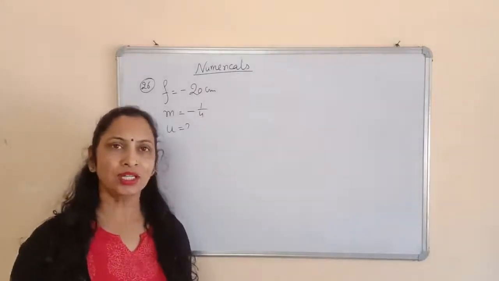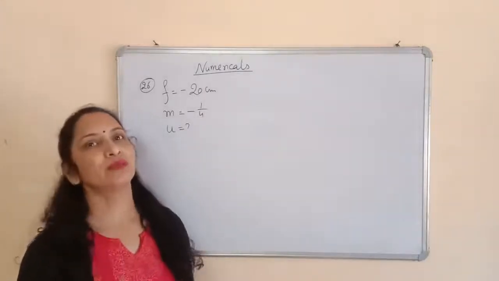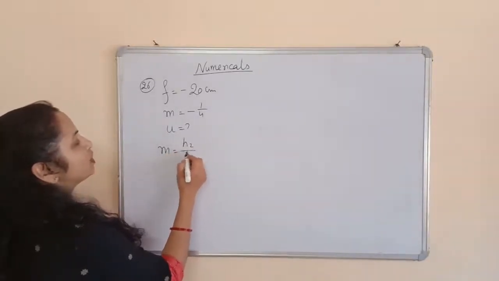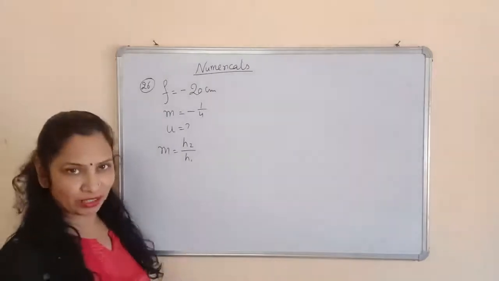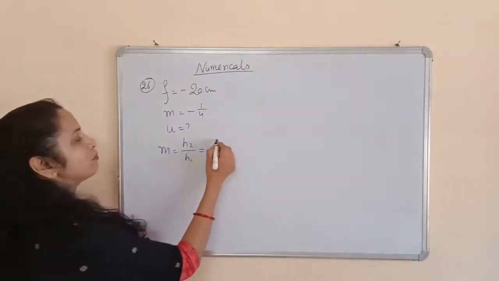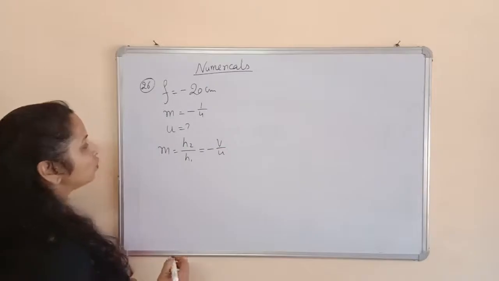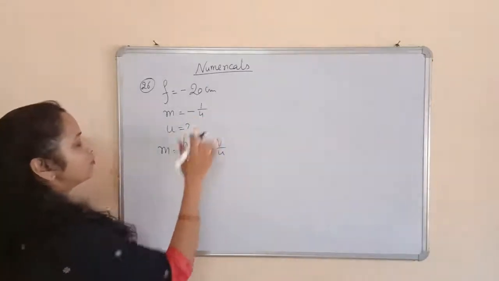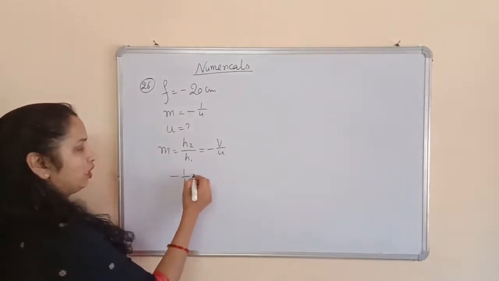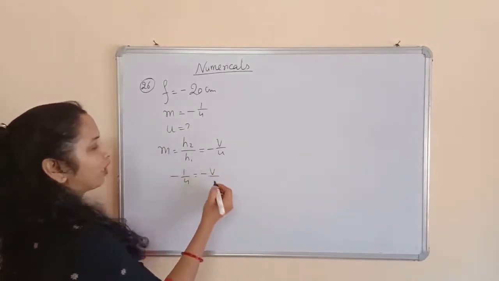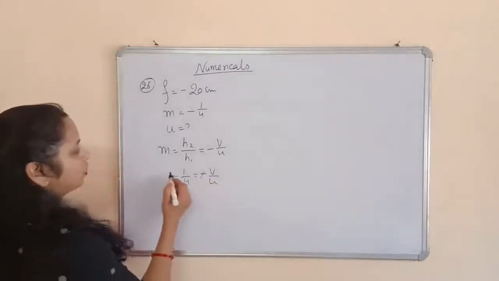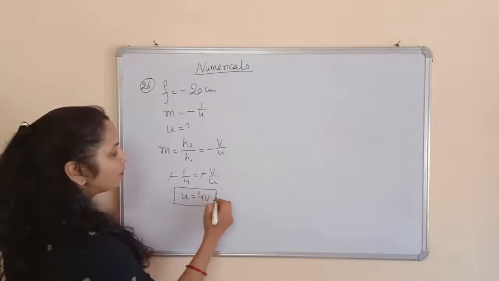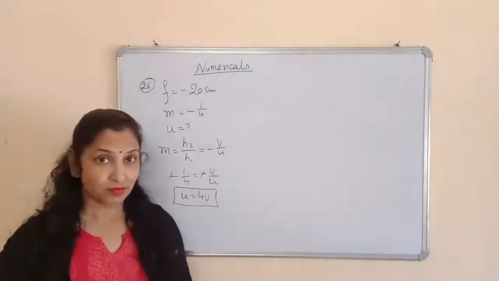The magnification is the ratio of the height of the image to that of the object, that is h2 upon h1, which is exactly the definition of magnification, and the other formula is minus v upon u. From this we can find the relation between v and u. Since the magnification is 1/4 and we don't know the values of u and v, by simplifying we can say that u is equal to 4v. So we have found a relation between u and v.